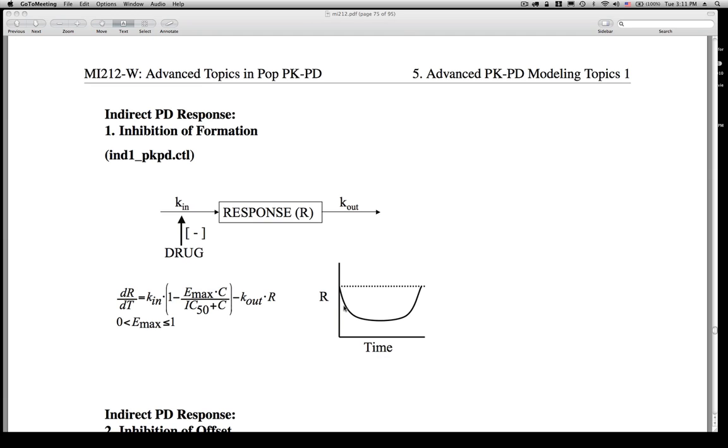And what happens there, if we inhibit the formation, you'll see a drop off of the response over time and then a return to baseline after the drug effect wears away. So for the estimated parameters, Emax could be fixed here, but would have to be bounded at a value of 1. You can't have more than 100% inhibition. And then the IC50 here would also be estimated.